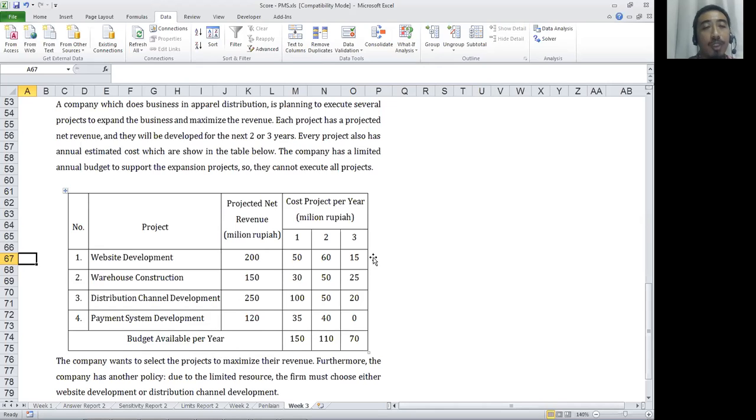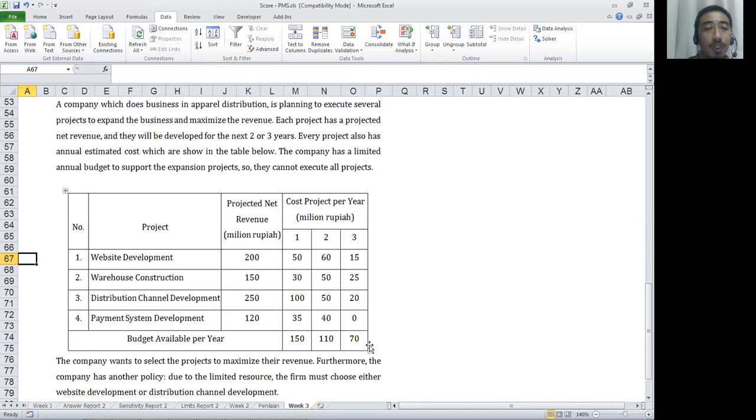The limit is this one. The company only has this budget every year. So you need to choose certain projects that can fulfill this constraint, so that the company can still stay on budget.